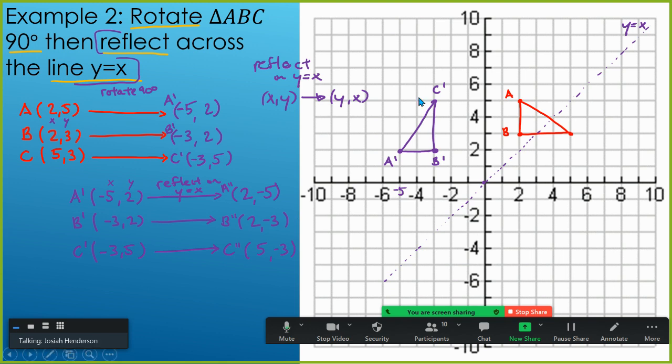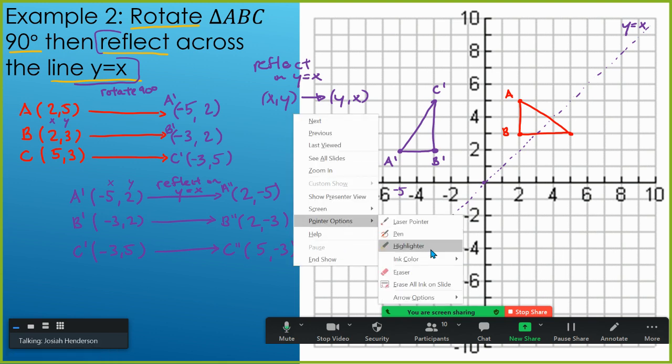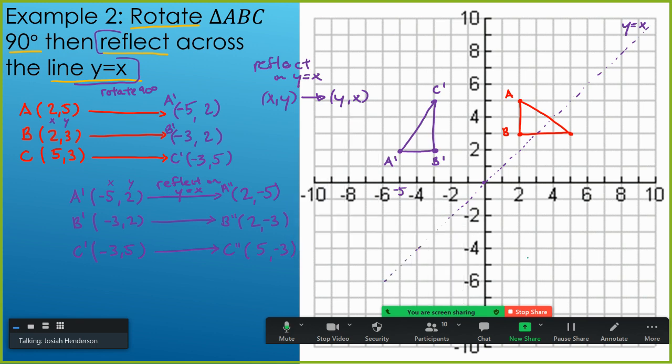And I want to make my cursor green to kind of keep track of the different moves we've done. And let's put those on the screen now to see where it lives, this final ending place after doing the reflection. A double prime is at positive 2, negative 5. So starting from the middle of the graph, positive 2, down 5, right here. There's A double prime. B double prime, over 2, down 3, right here.